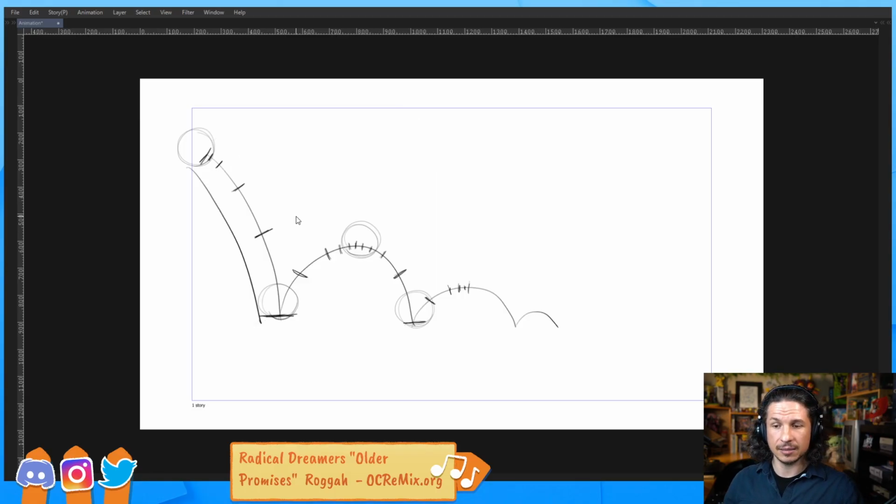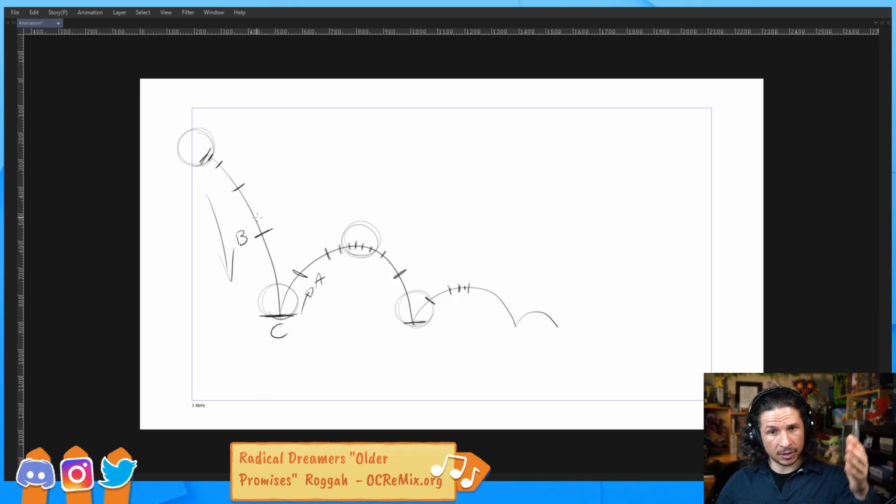Well, what else can we apply to our hips? Well, there's the frame before and frame after principle, which is a very important one. As a ball comes down to the ground, we have the contact here. The frame before the contact, right here, is going to be further away from the contact than the frame after contact, right here, as it bounces out. The reason is that as the ball drops, we lose energy in that drop.